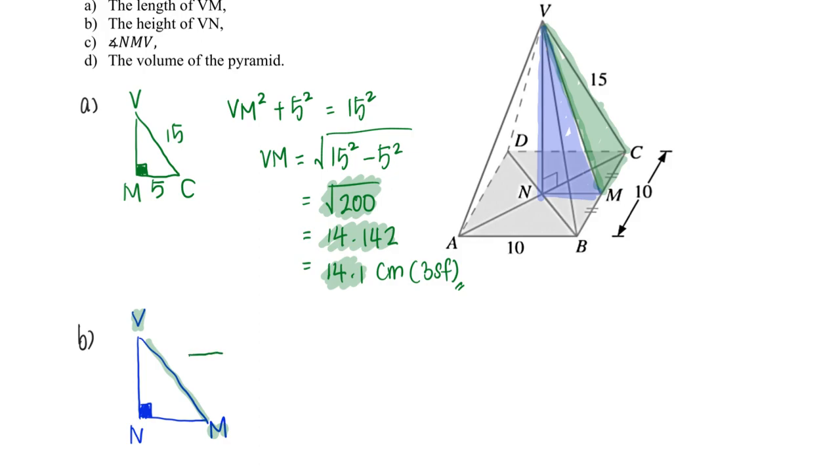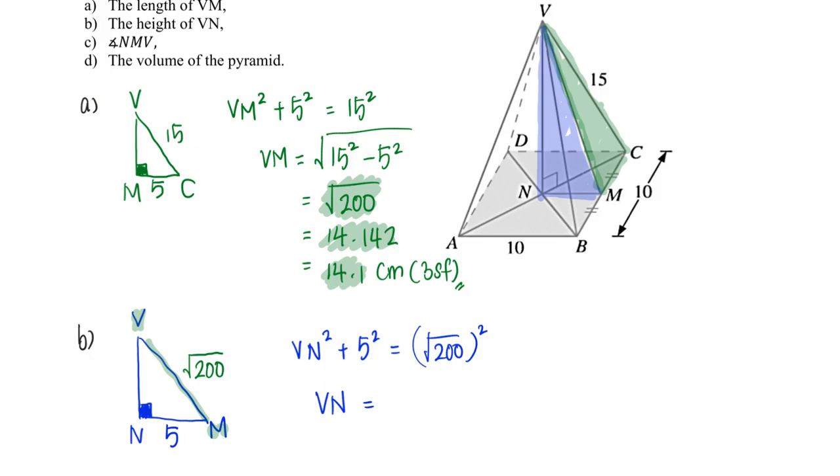I'm going to use this because it is the most accurate, and I also know that MN is 5 because N is like the center of this square. So with this, I will then be able to get my VN square plus 5 square by Pythagoras theorem equals to square root 200 square. So from here, I will be able to get my VN.